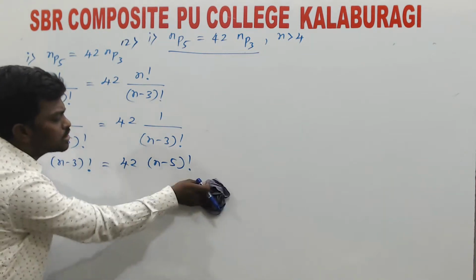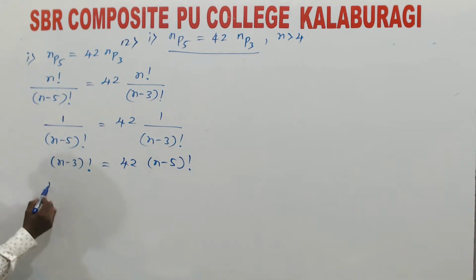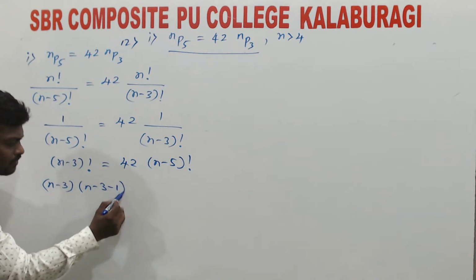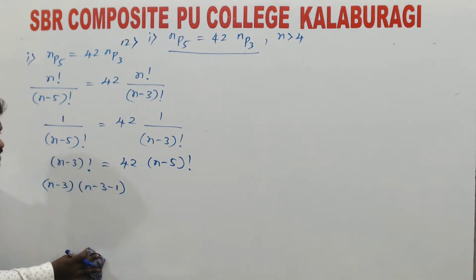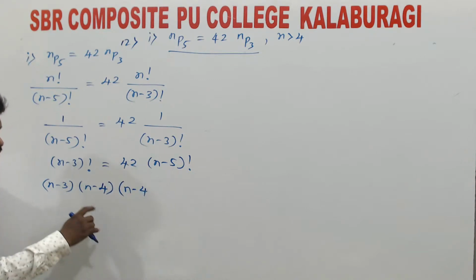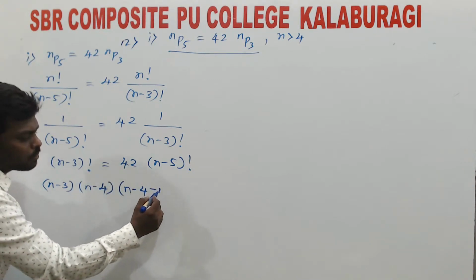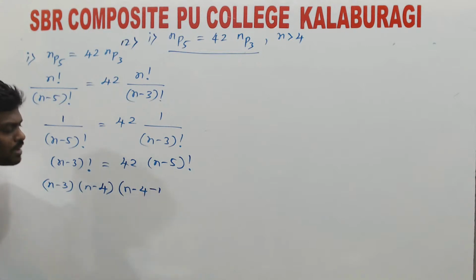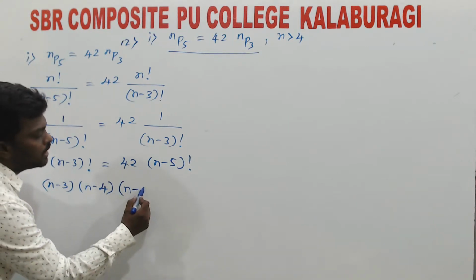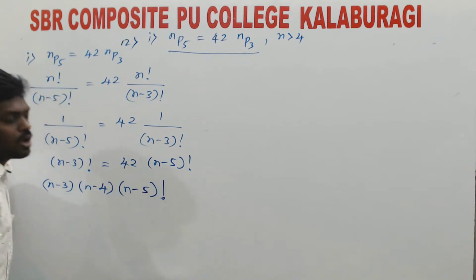Here also same, students. (n minus 3) starts with n minus 3, then in the next place it gets reduced by 1, so n minus 4. Again it is reducing by 1, so n minus 5. Yes, students, so here itself I will stop.